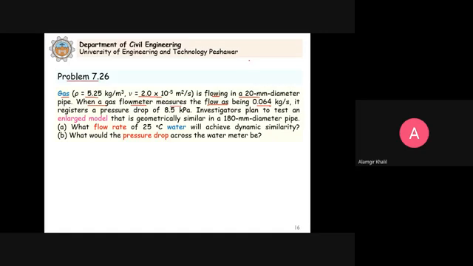So this is the mass flow rate. Clear? That is denoted in your textbook by m dot, which is equal to rho times Q. This is in kilogram per second.